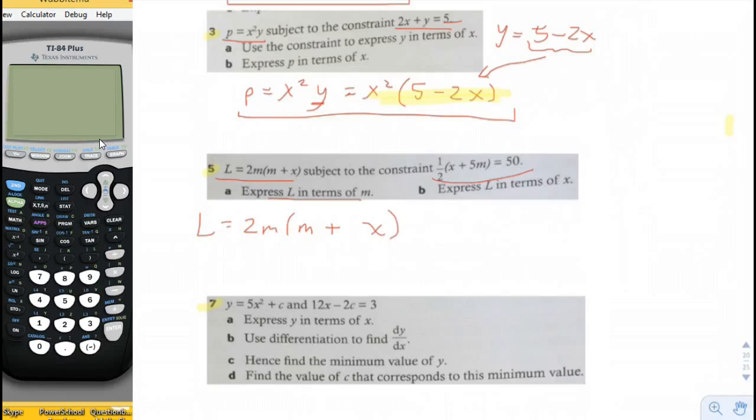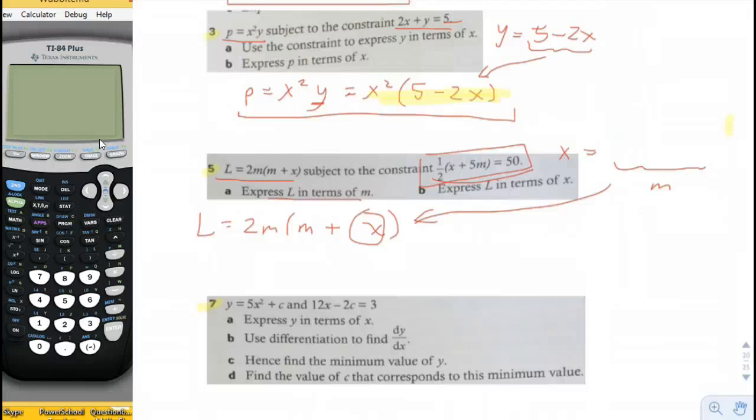We have an x here. We need to get rid of the x, so we need to substitute something in for x. Here we have a relationship between x and m. So if we wrote x equals something with m, then we could substitute that in and we'll solve our problem.